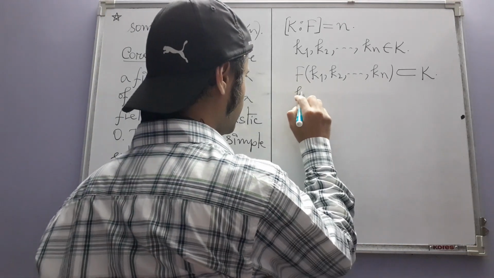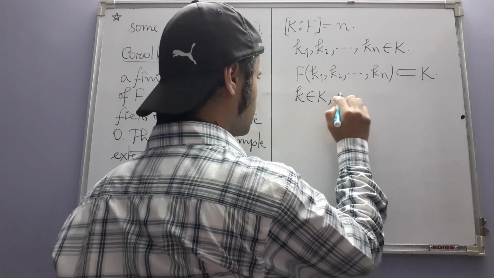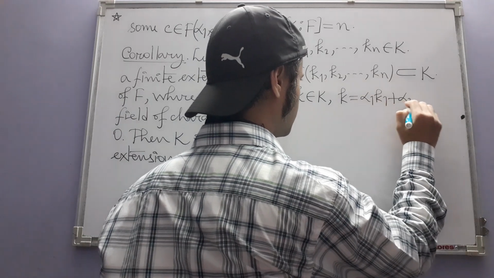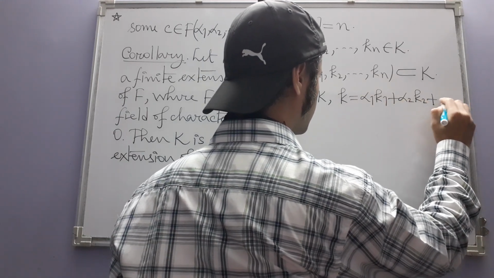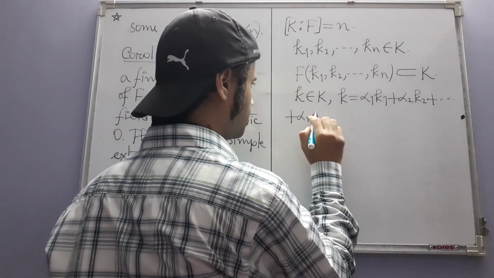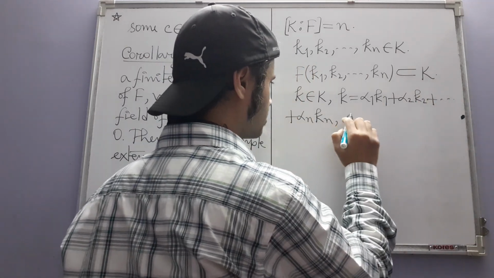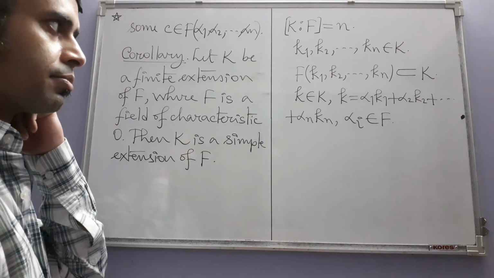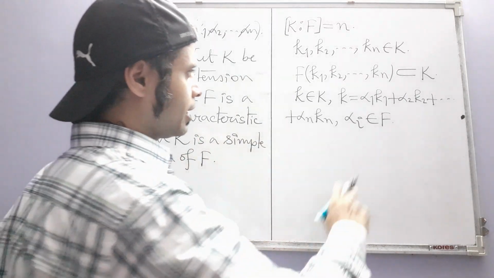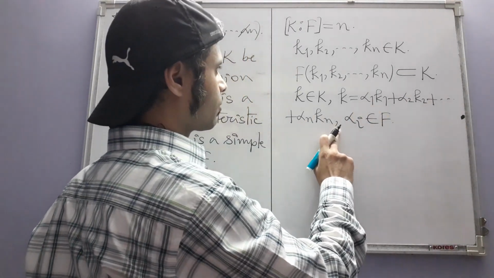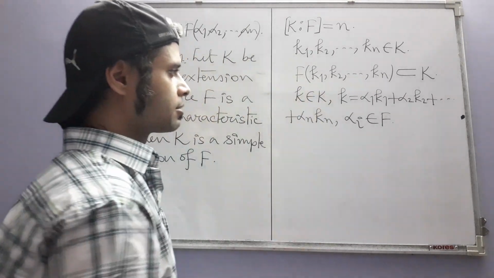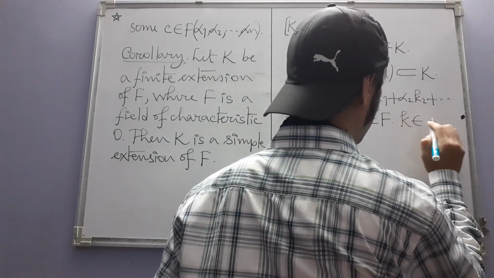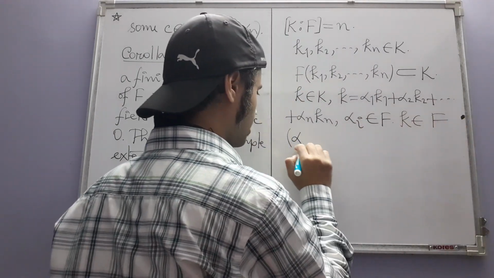Because if you take any element in K, then that element is expressible as a linear combination of these elements, where the coefficients are coming from F. And you can clearly see that this linear combination is an element in this field, and that's why K belongs to this as well.